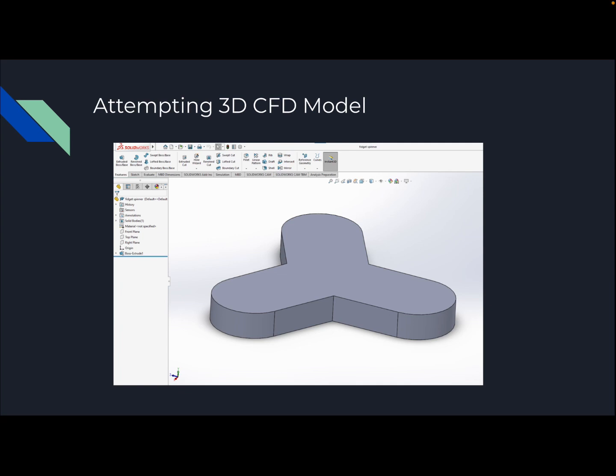I just went and made this example here on SolidWorks, which we'll be having a crack at, and then we'll eventually compare the results between the 3D model and the 2D model. The 3D model will show much more detail of how air is flowing over the fidget spinner versus the 2D, because everything in the world that we have is 3D, so you can only get so much out of the 2D models.